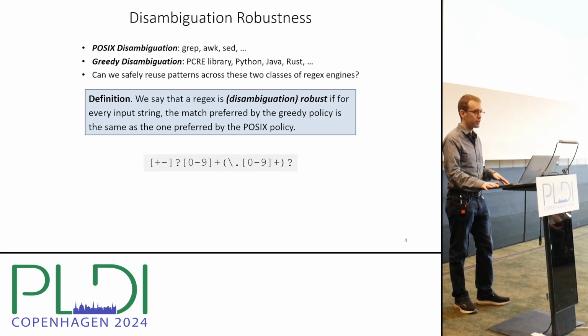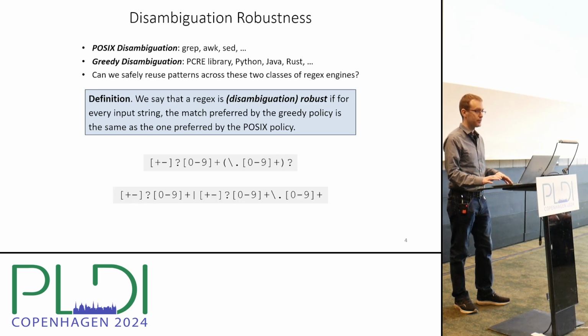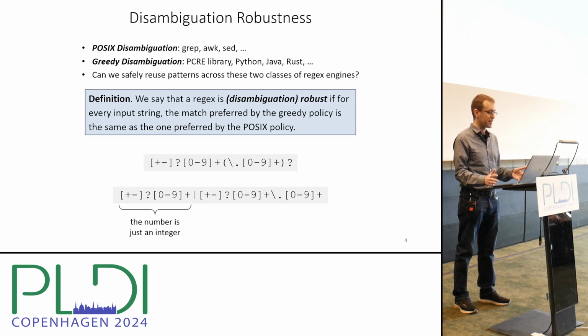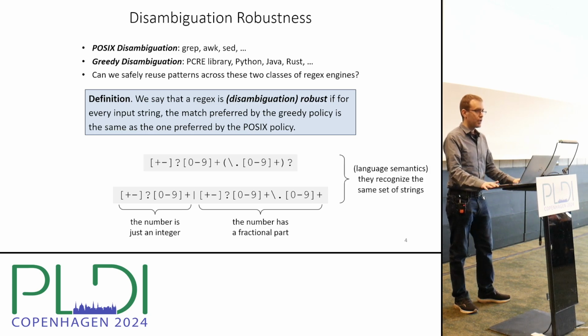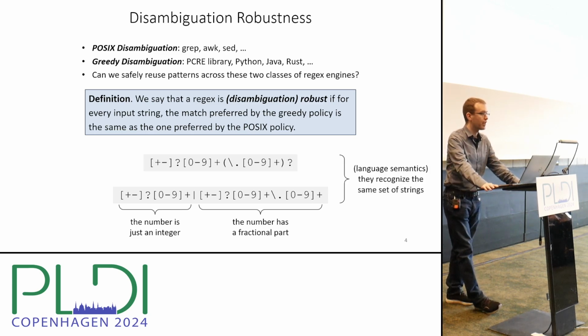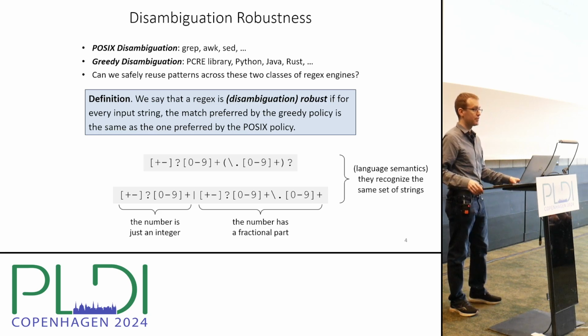Okay, here is the pattern that I showed in the previous slides, and here is another pattern. At the top level, it's a non-deterministic choice, and the left choice specifies a number that is just an integer. The right choice specifies a number that has a fractional part. So you probably can observe that in terms of classical language theoretic semantics, both these two regular expressions recognize exactly the same set of strings.